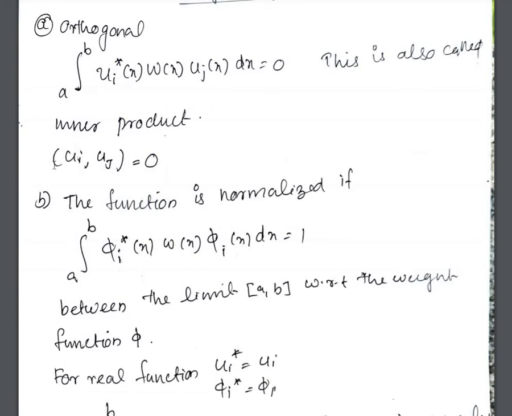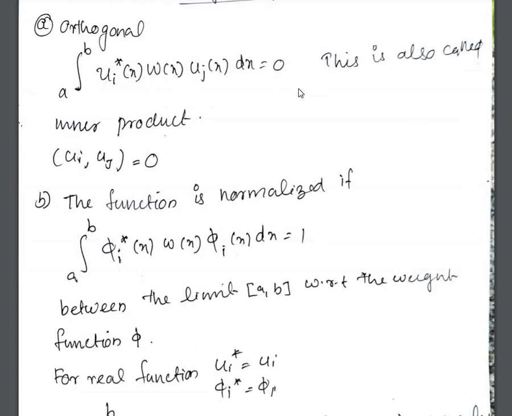Otherwise, we can write the inner product of ui and uj, that is the bracket ui comma uj, is equal to 0 only when ui and uj are orthogonal. That is the mathematical expression for orthogonality. It is nothing but the integral from a to b of ui star of x, w of x, uj of x being equal to 0.